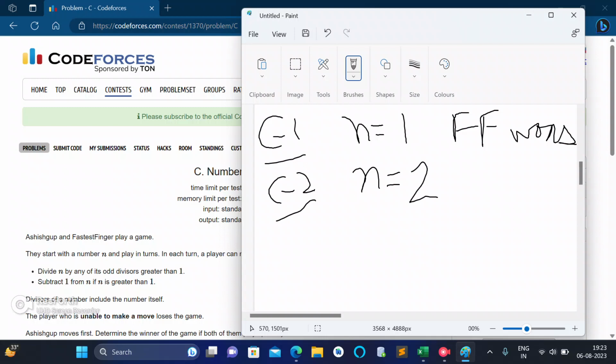Ashishgup will subtract 1 from n, that is operation number 2. As soon as he applies operation number 2, n becomes 1. Now FastestFinger will not be able to apply any move. So in this case Ashishgup wins. Here AG means Ashishgup wins.